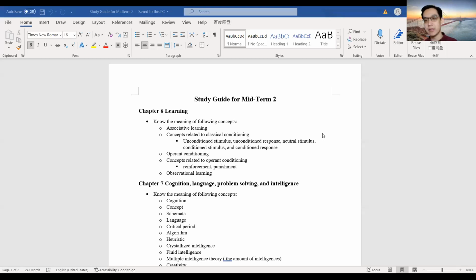In this video, we are going to go over the study guide for the second midterm exam in this course. You can see on the screen that here's a study guide for midterm 2.